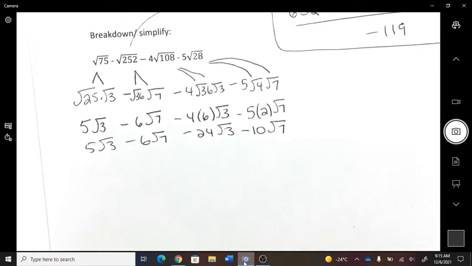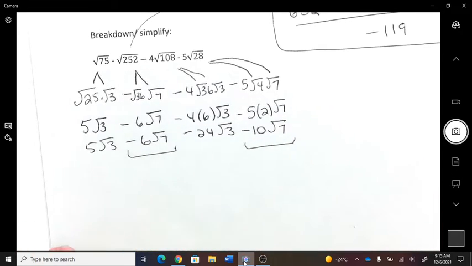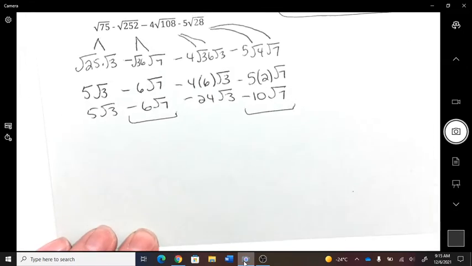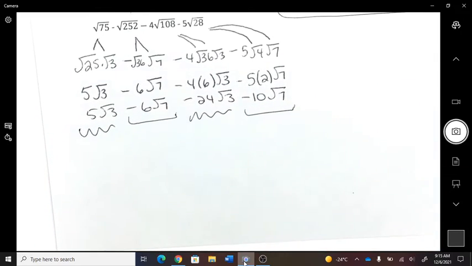Okay, and then what should we do when we are at this stage? We should put stuff together. So how many root 7s do I have all together? How many root 3s do I have all together? So you're going to put them together there.